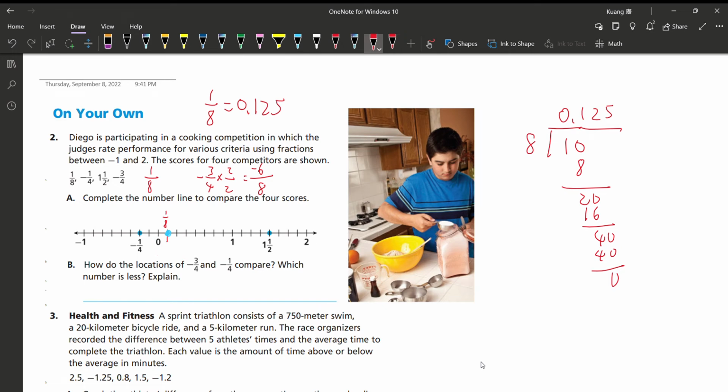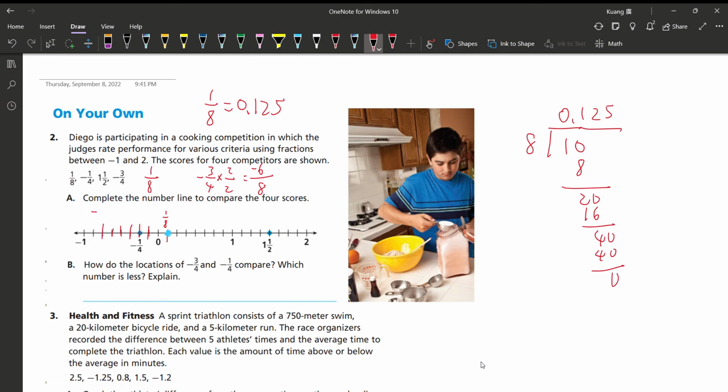Between 0 and -1, again, there are 8 spaces: 1, 2, 3, 4, 5, 6, 7, 8. So each mark is 1/8 as well. So this is -1/8, -2/8, -3/8, -4/8, and then 5, 6. So 1, 2, 3, 4, 5, 6.